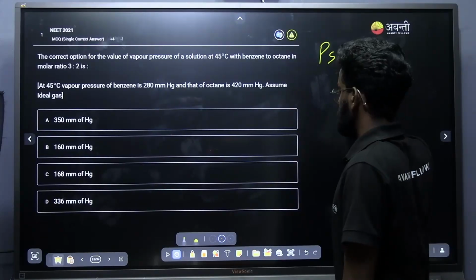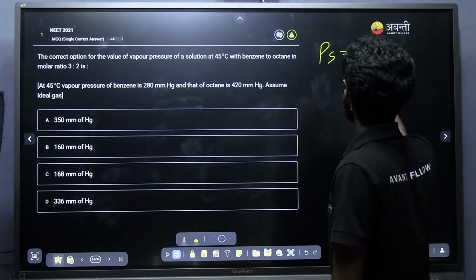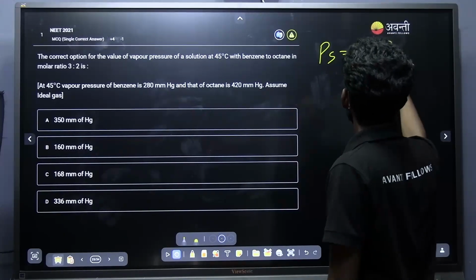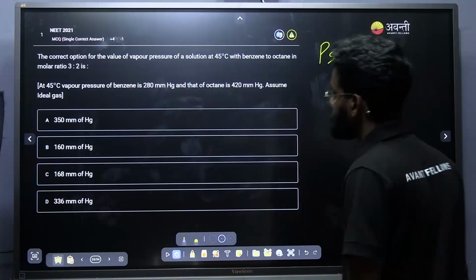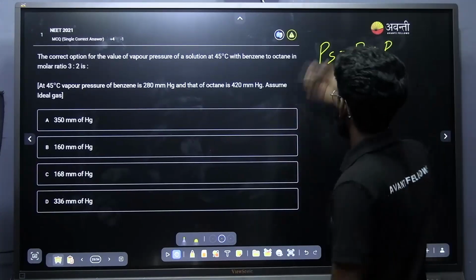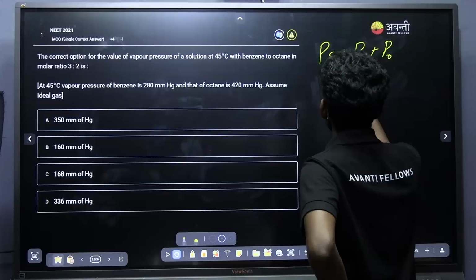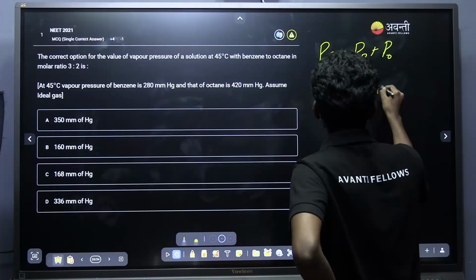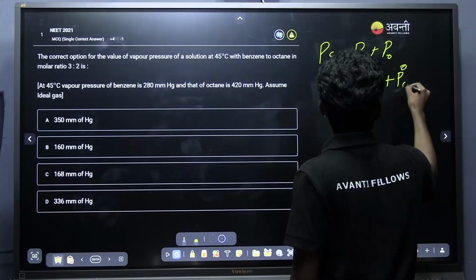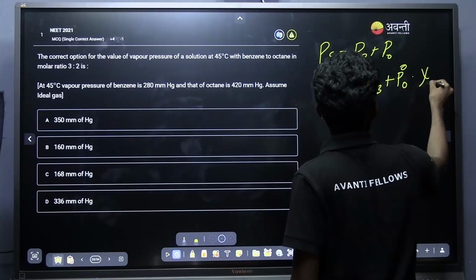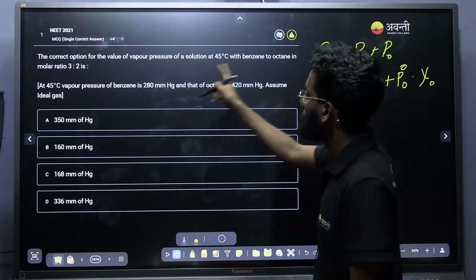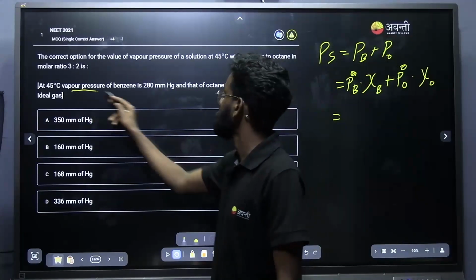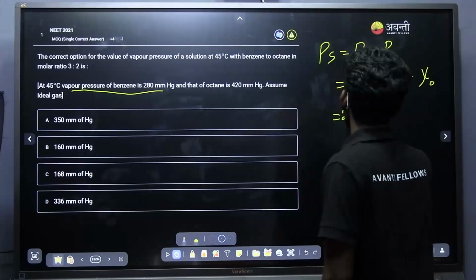Okay, Ps is equal to P benzene plus P octane. We have to find out the total pressure of the solution. Very easy question. So P naught of B into chi of B plus P naught of O into chi of O. P naught of B is given in the question: vapor pressure of benzene is 280.